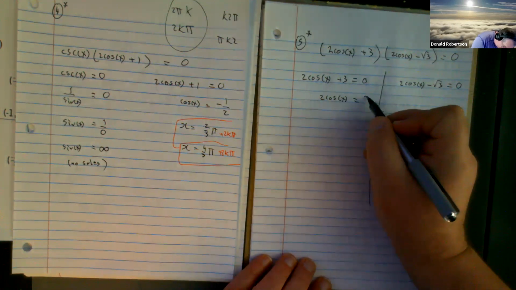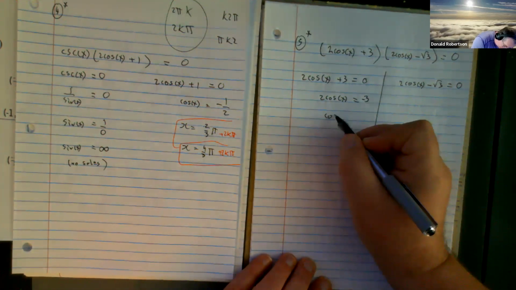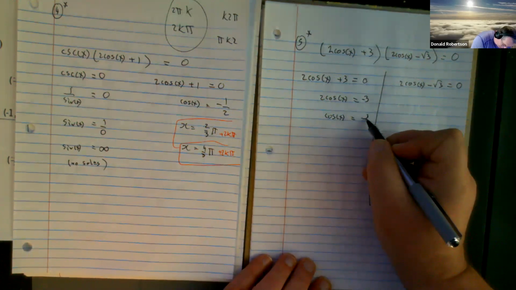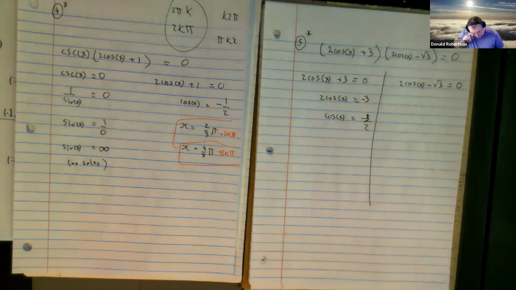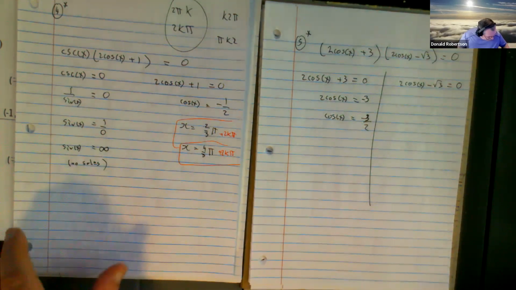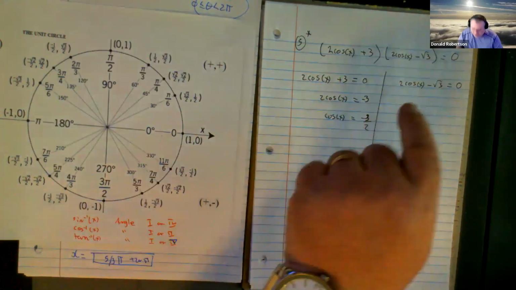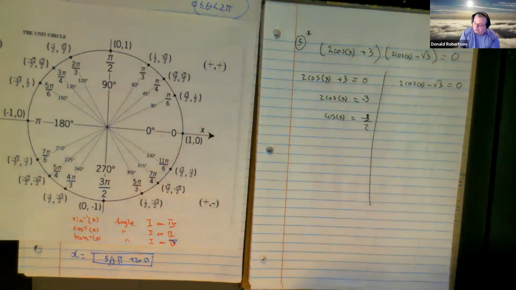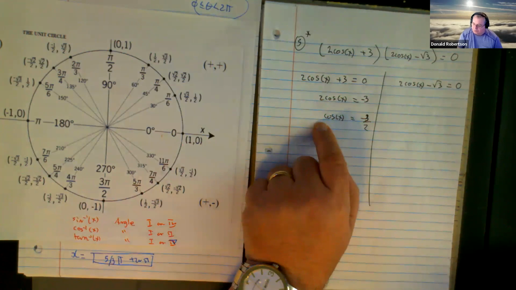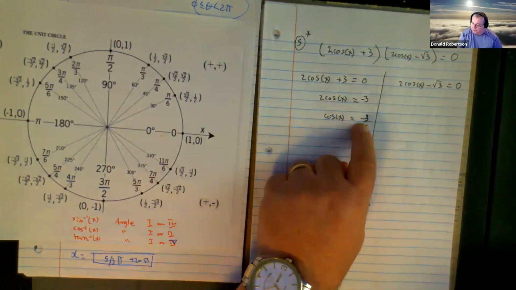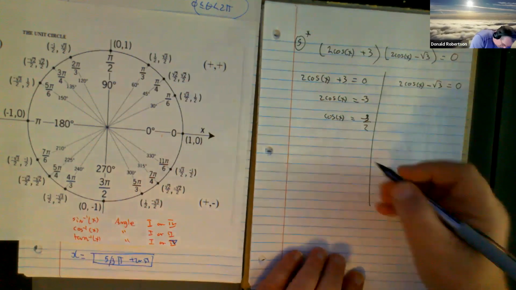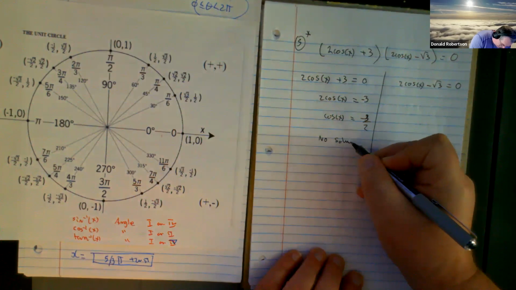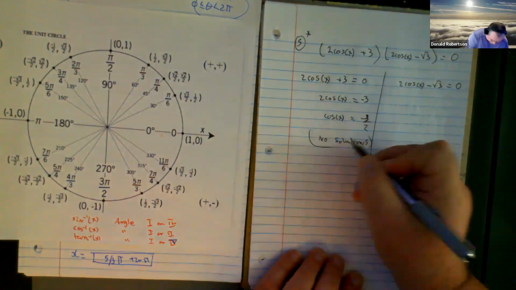I'm going to subtract 3 from both sides. Then I'm going to divide both sides by 2. Is there, and notice the way I'm phrasing this, is there an angle in the unit circle whose x-coordinate is -3/2? Can you actually get a cosine equal to -3/2? No. So that means there are no solutions. That just ain't going to happen.